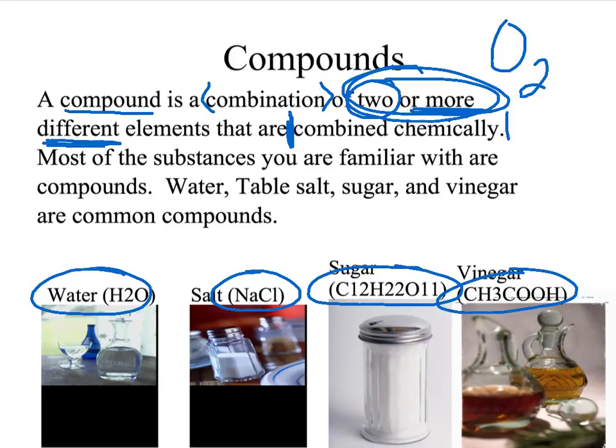Now a molecule is also water, salt, sugar, and vinegar, but it can also be something that is just one element, okay? So a compound is two or more different elements. A molecule can be one element that's two atoms. So just know the difference between a compound here being two or more different elements that are chemically combined.